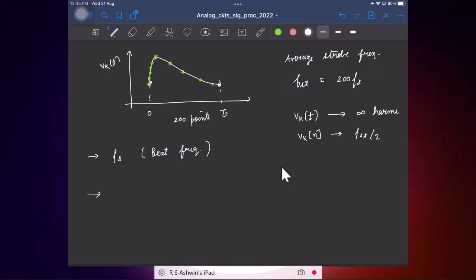And we know that for an LPTV circuit, if you give an input at f, at the output you will have f plus k Fs, and vice versa, right? Let us say you are interested in finding frequency translation from a large harmonic of Fs to, say, input f, or vice versa. You give an input f, you want to find how it translates to f plus a large harmonic times Fs.